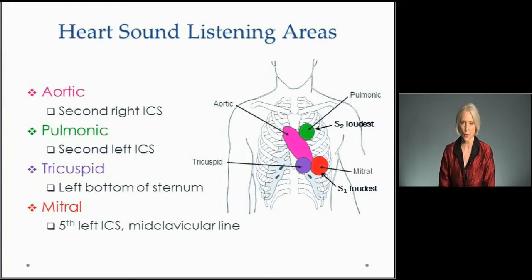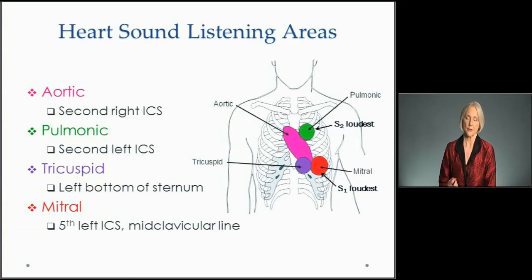Just do it the same way every time so you get in the habit, and keep in mind, as you're placing your stethoscope on the chest, which valve sound you're hearing at each place. Remember too, the diaphragm of your stethoscope is for high-pitched sounds, and you want to place that firmly on the chest.